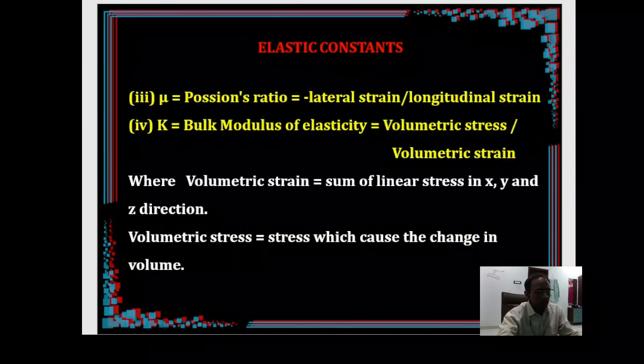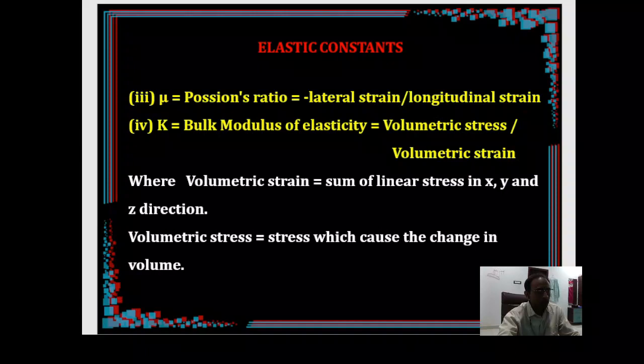Then comes Poisson's ratio, which is nothing but the ratio of the lateral strain to the longitudinal strain. Suppose you are applying a stress in one direction, that direction becomes the longitudinal direction.